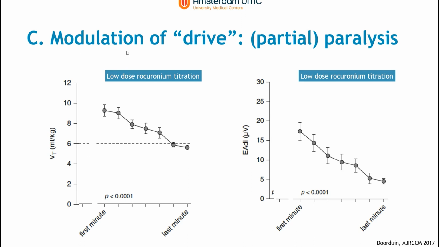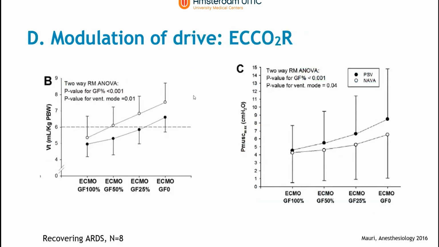So that's what you see here. So we start at 9 ml per kilogram, and a very low dose of rocuronium actually allows you to titrate them to 6 ml per kilogram. I think the respiratory drive increases, but the mechanical output of the drive is lower. It's not something you should do now, but it's just as an idea.